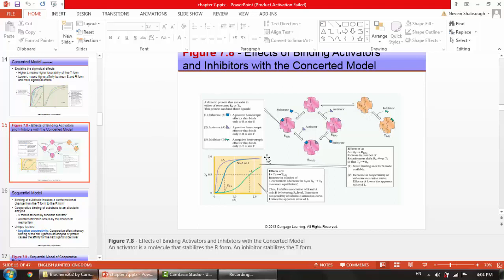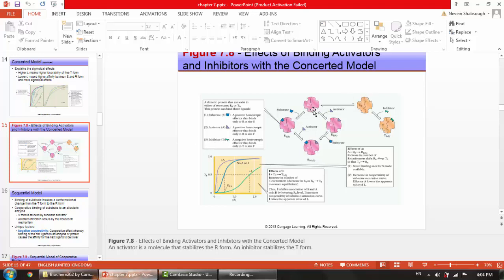Here, in the model, we have a dimeric protein that can exist in either R or T form, and the protein can bind 3 types of ligands: the first called substrate, the second called activator, and the third called inhibitor.